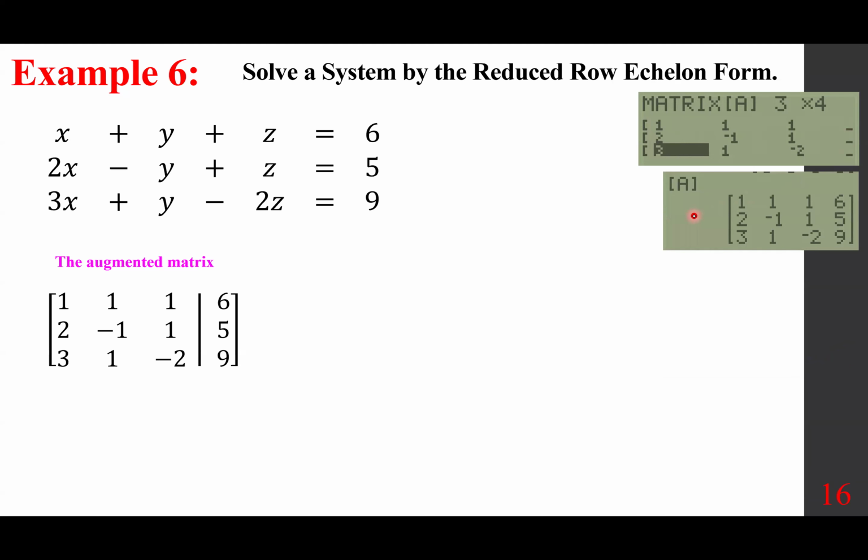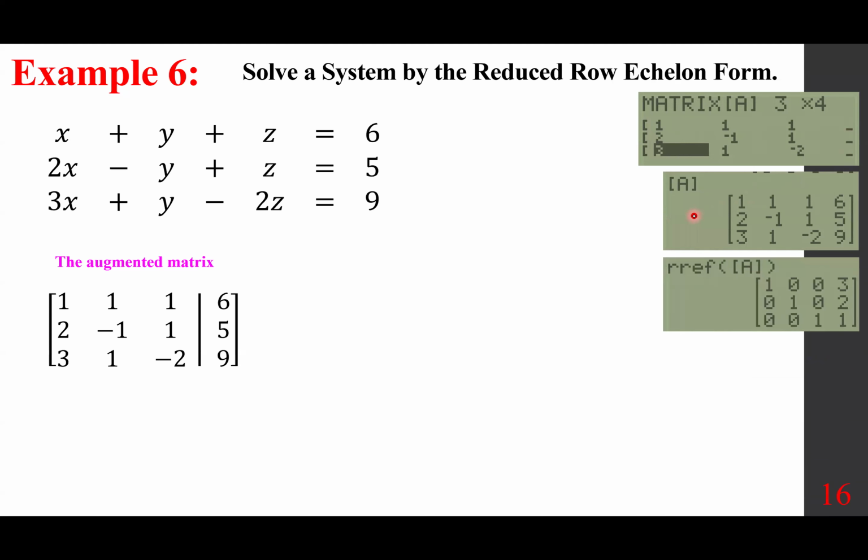Now, if you do REF A matrix, it gives you this one. So what is this last column? X, Y, Z. X is 3, Y is 2, Z is 1. Again, I'm going to check it with one of them. You really should check, must check.